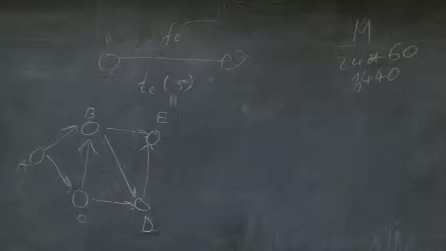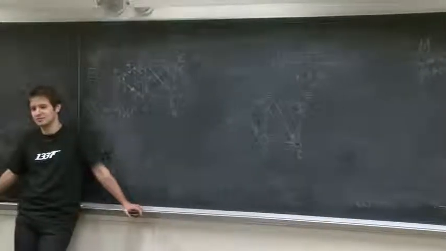So for every vertex, can you keep track of what's the shortest time it took to get there? What's the shortest time it took to get there? So how would you keep track of that? Would you make that state, or how would you keep track of that? I'm not disagreeing.